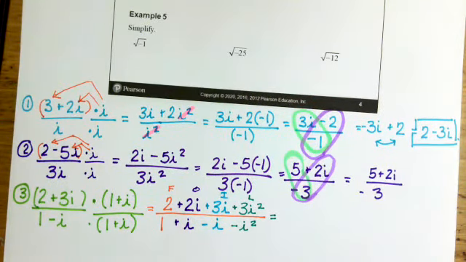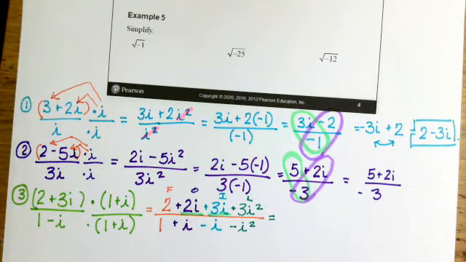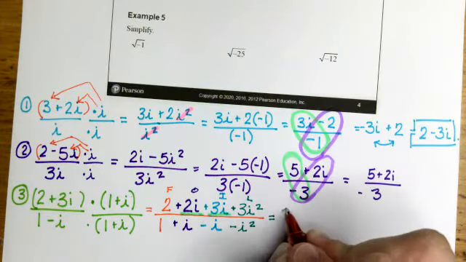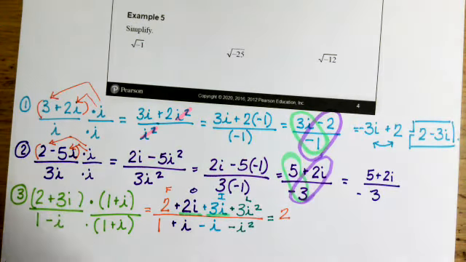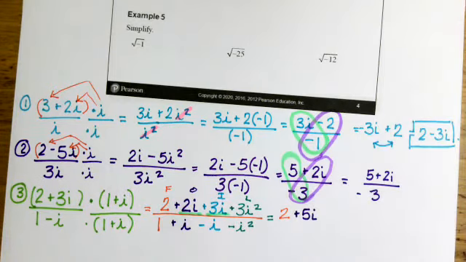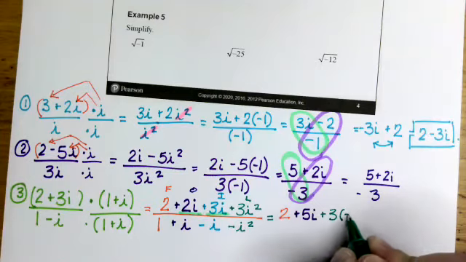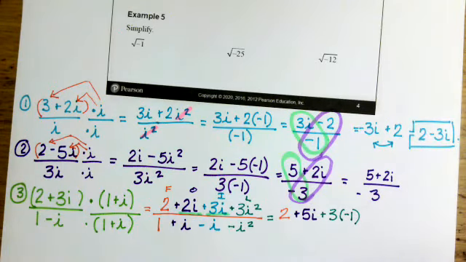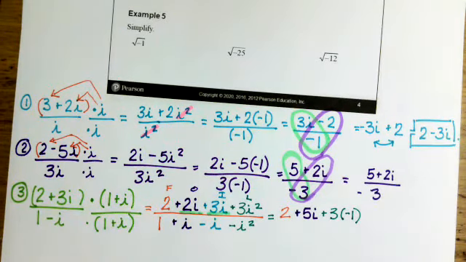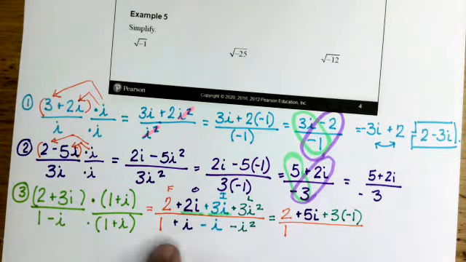Let's see. The like terms are 2i and 3i, right? So we'll leave the 2 the same. 2 plus 3i and 2i is 5i. Plus 3, instead of I squared, I'm going to say negative 1, right? On the bottom, 1.